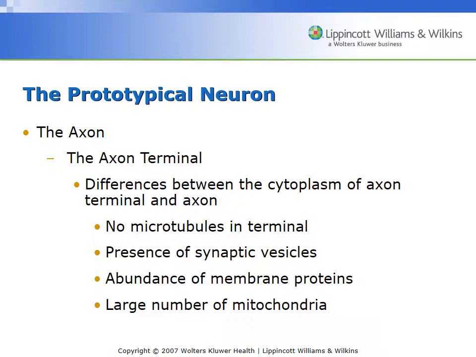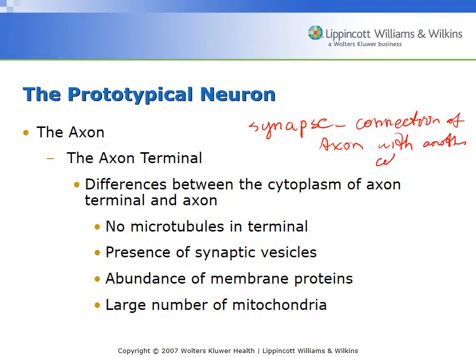So let's see, synapse. Synapse is connection of axon with another cell. The terminal arbor is terminal branching of axon.